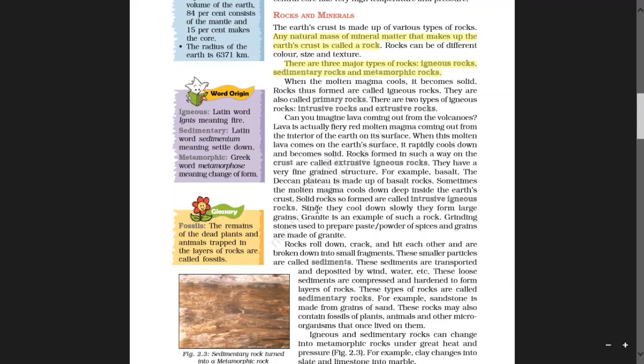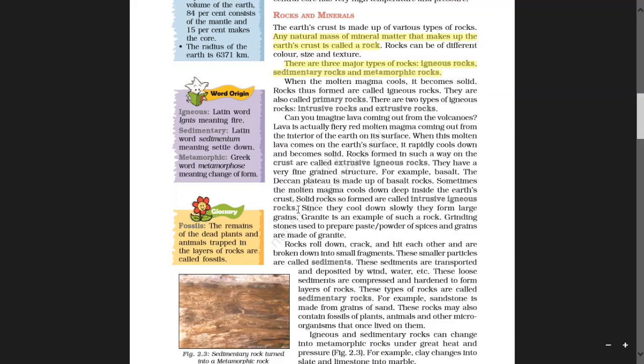Sometimes the molten magma cools down deep inside the Earth's crust. Solid rocks so formed are called intrusive igneous rocks.